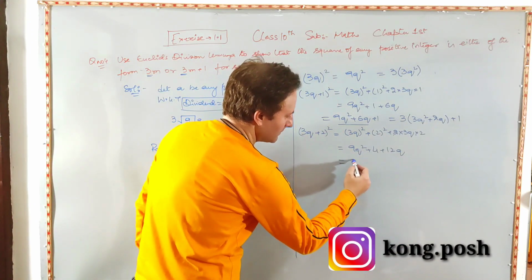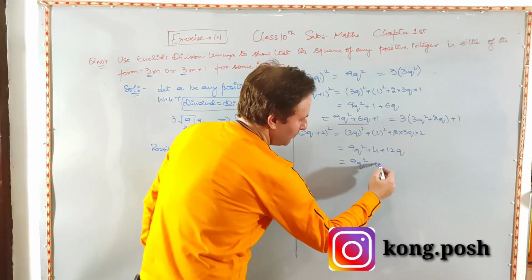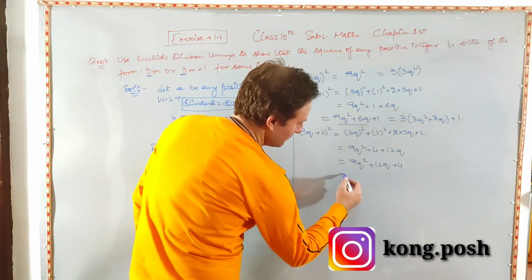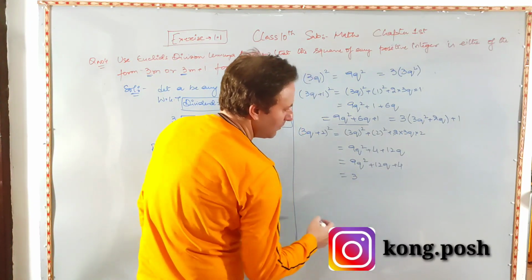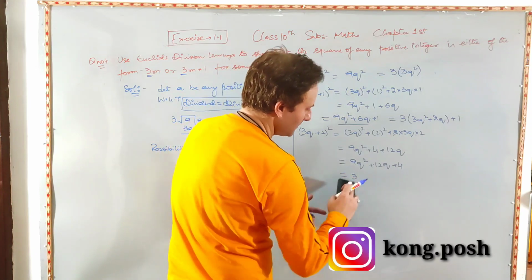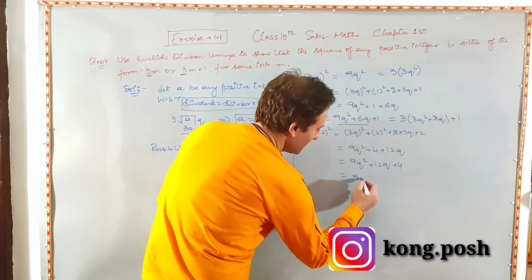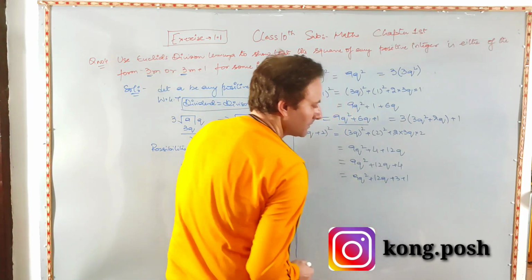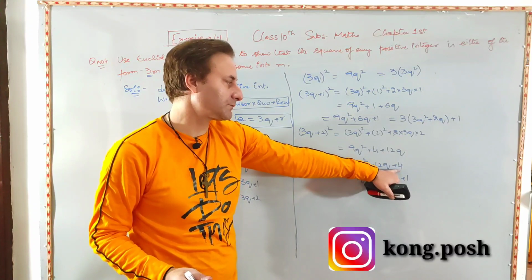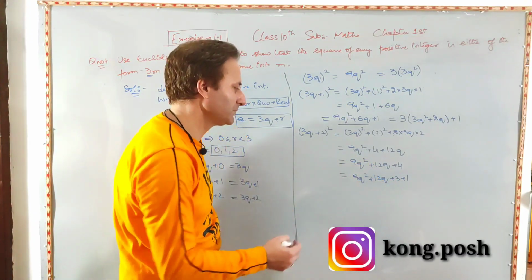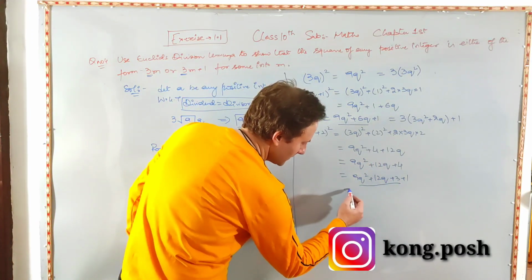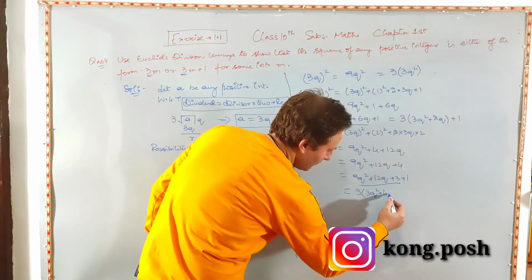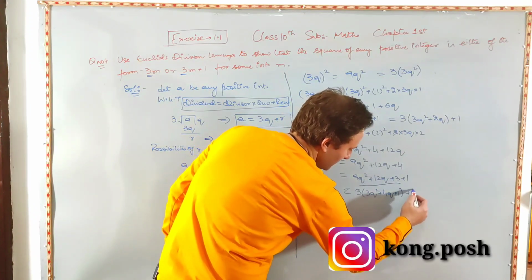Here also I'll write it one more time: 9q square plus 12q plus 3 plus 1. You don't mind me writing this. Why? Because 4 is 3 plus 1, so it's one and the same thing. I'll take 3 common from these 3. 3 is out. 3q square, plus 4q, plus 1 plus 1.